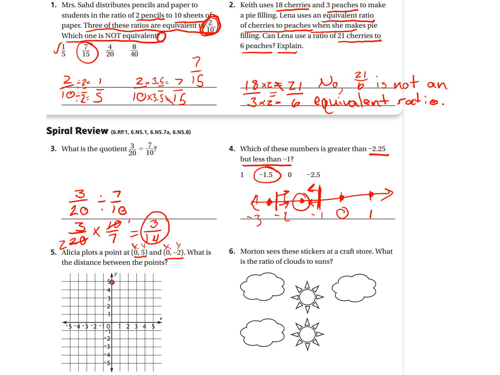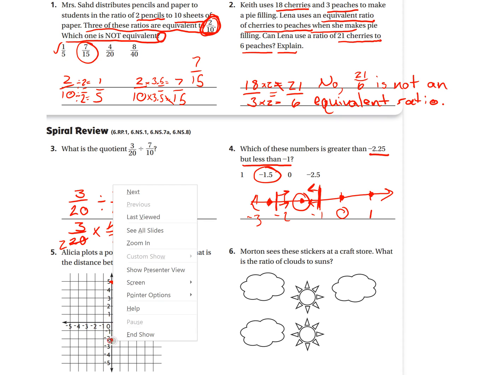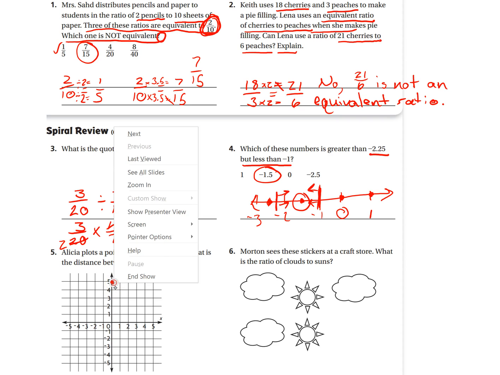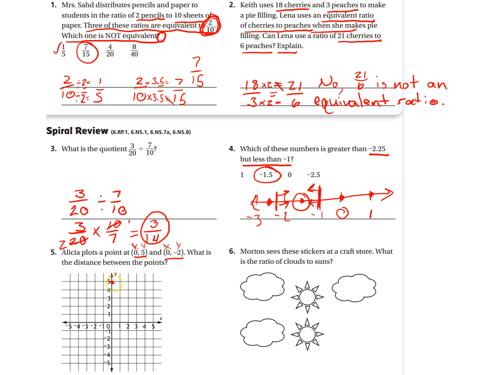This point's going to be right here, and then x is 0, so again we don't move right or left. y is -2, so we move down 2. We put our point there, and then for the distance, we just count each little box. 1, 2, 3, 4, 5, 6, and that was -2, 7. So 7 units. They are 7 units apart.